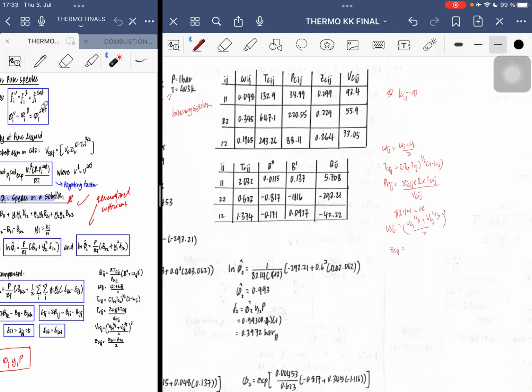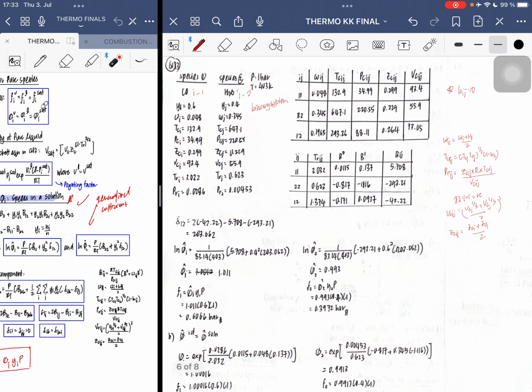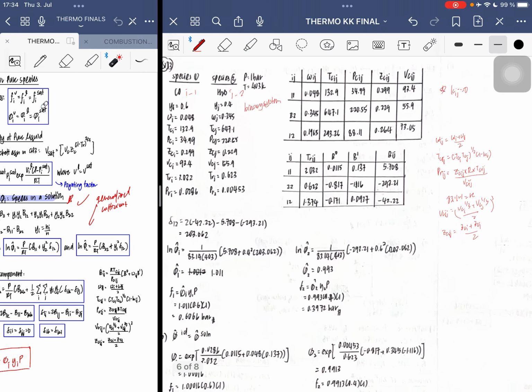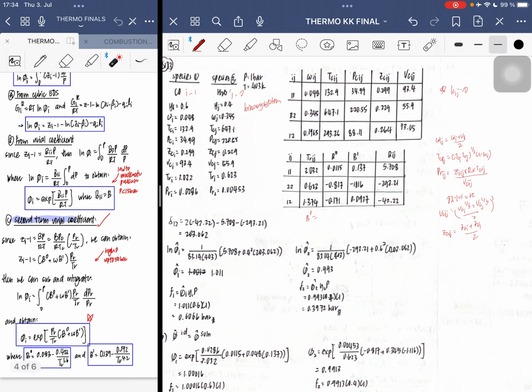Make sure to show your working if you don't trust yourself enough to not make any mistakes. Please show your working and tabulate them. The second table is to find the combined reduced temperature and B0, where the formula of B0 is 0.083 minus 0.422 over TR^1.6.